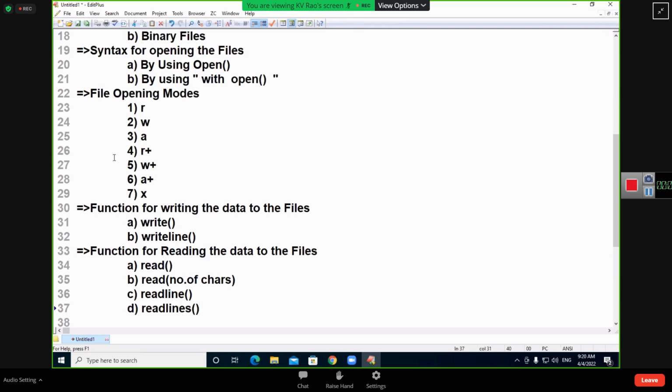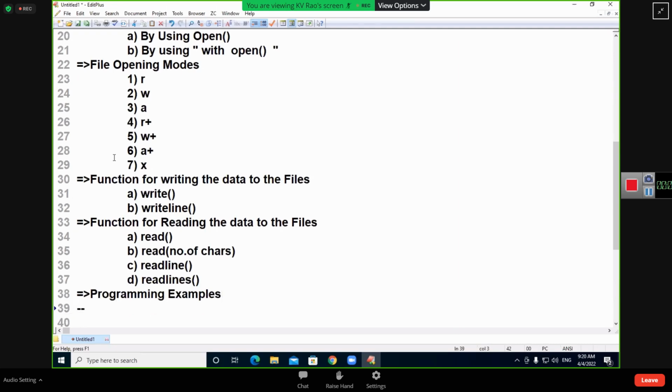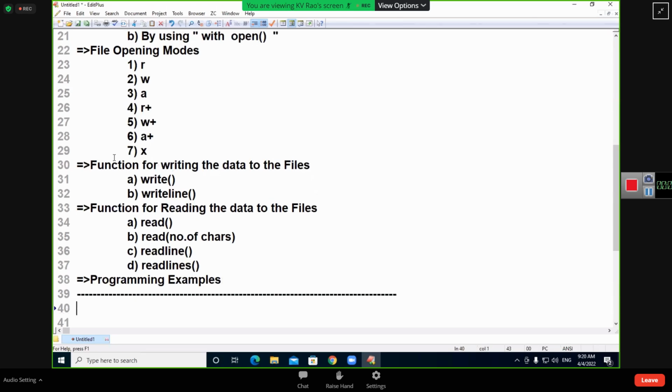Next we are talking about various programming examples on this. Many examples I will teach, students. This is called level 1 programming in files. Two levels: this is the first level. Next, one more concept is there: pickling and unpickling concepts.